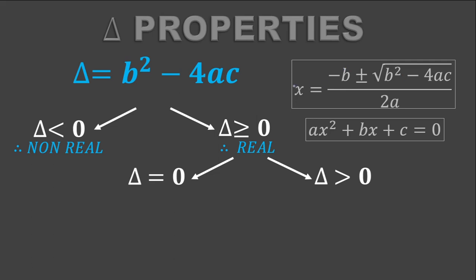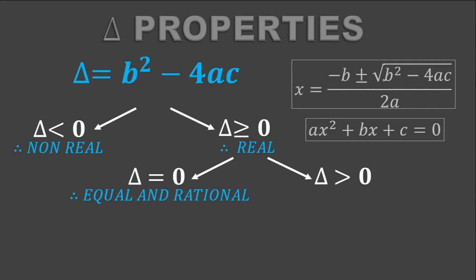So if this is 0, it basically means that your roots will be equal and rational. They are equal because this goes to 0, and then you just have minus b over 2a, which is equal to both the roots. But rational, because if this falls away, you are basically left with b over 2a, and they are integers, so you'll have an integer over an integer, and that would make your roots also rational.